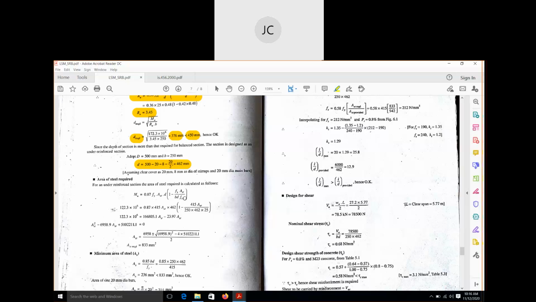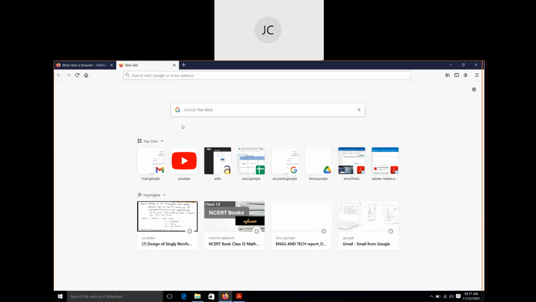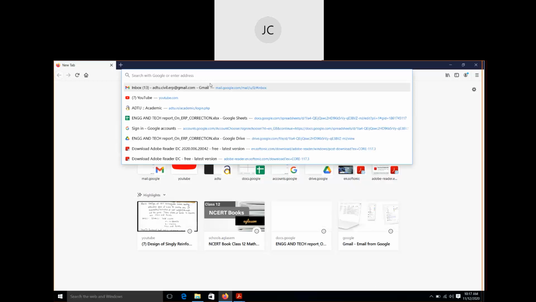Okay, wait, I will show you how they have done this one, because without the cross section of a beam, I cannot explain this one. You will not understand this one.